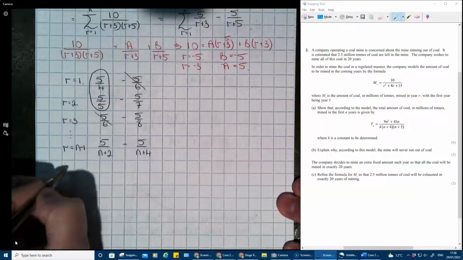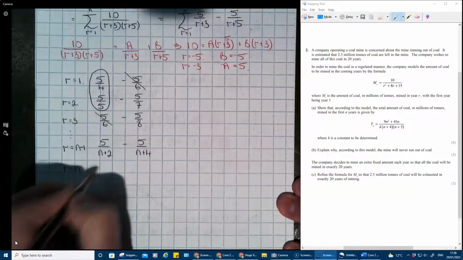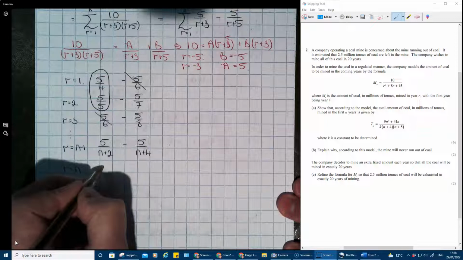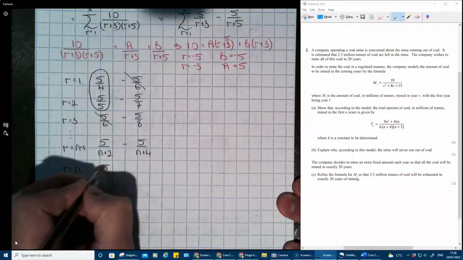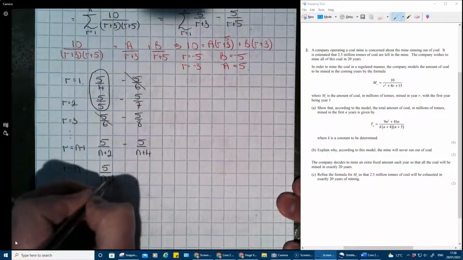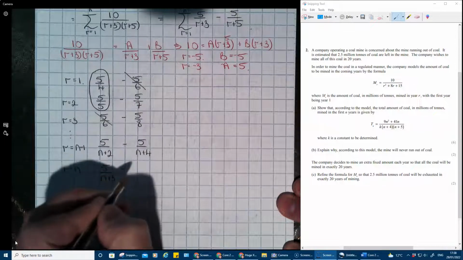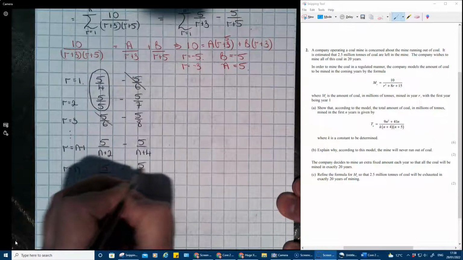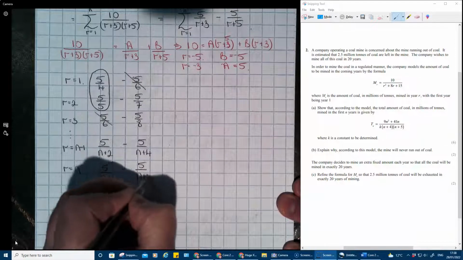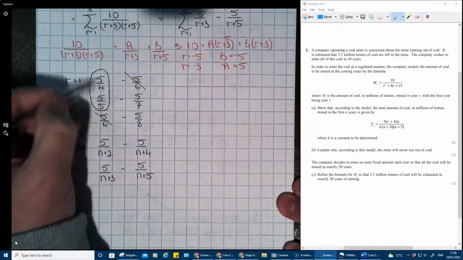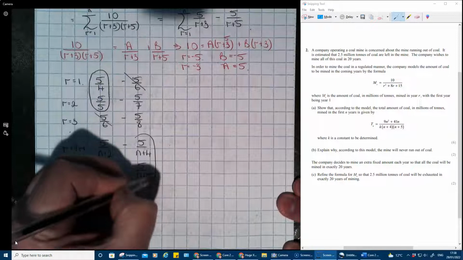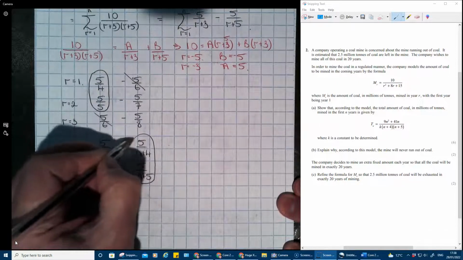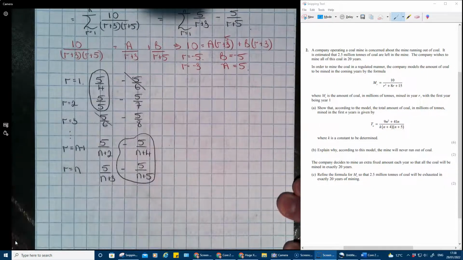And then finally R equals N, I get 5 over N plus 3, take away 5 over N plus 5. And because I'm left with those two, I'll be left with these two also, because everything else will cancel diagonally.